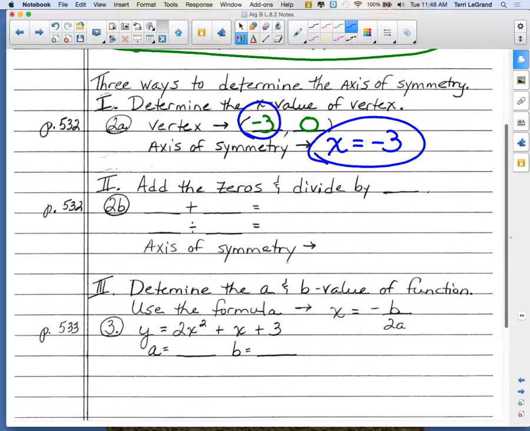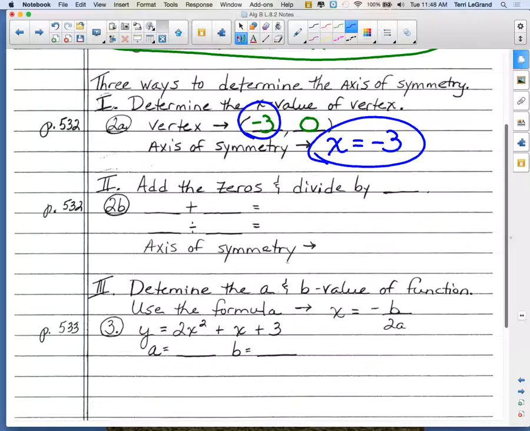Well, what happens if, in 2b, we really can't tell what the vertex is for sure? Can you tell in 2b what the vertex is for sure? Are you feeling really certain? No. You might think you are.